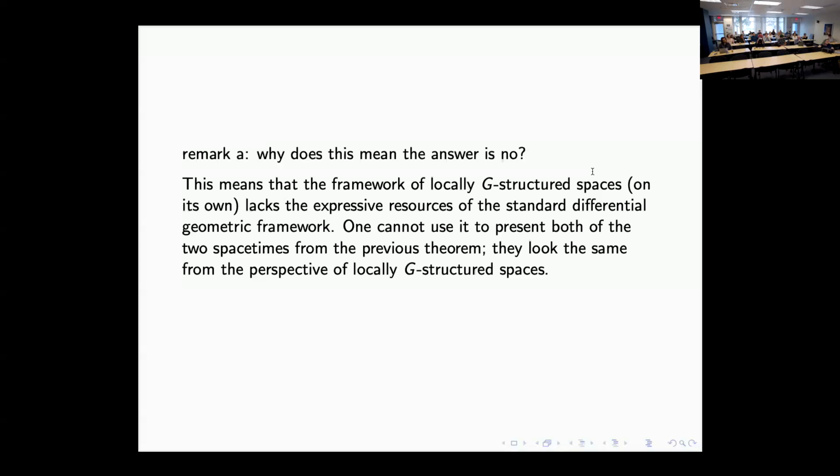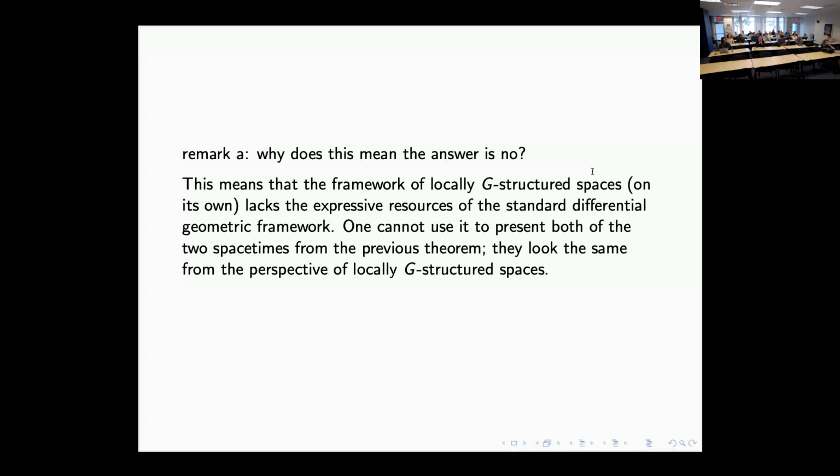Okay, let me say this another way. The structural differences between some non-isometric spacetimes are washed out when one moves to the framework of locally G-structured spaces. Because in moving to this framework, we had spacetimes that were initially non-isometric, and the locally G-structured spaces that they determine are the same. They're isomorphic.